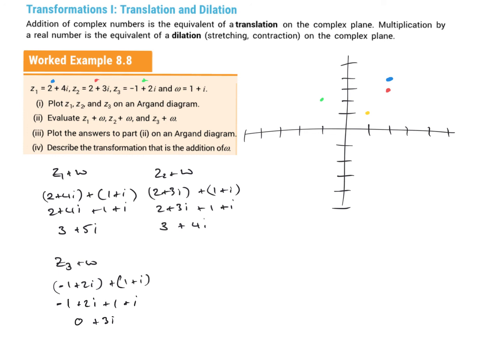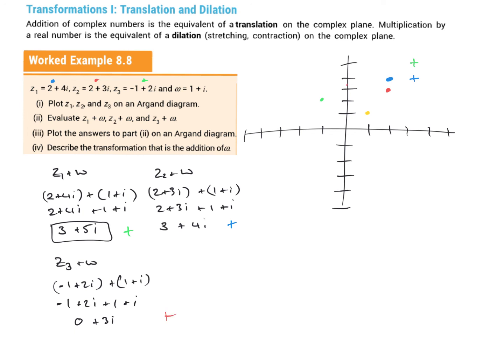Now it says to plot them on the Argand diagram. Okay, so plot it on the Argand diagram. So the first one is 3 plus 5i. I'm going to use green for this, and I'll just use a cross. 3 plus 5i is up here. Okay, and the next one is 3 plus 4i. I'm going to use a blue one for this, so 3 plus 4i is here. And the next one is 0 plus 3i, and I'm going to use a red one for that as a plus.